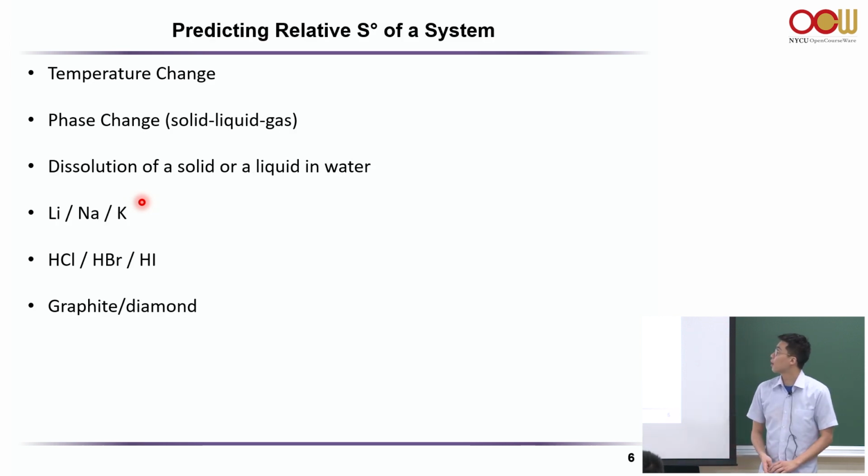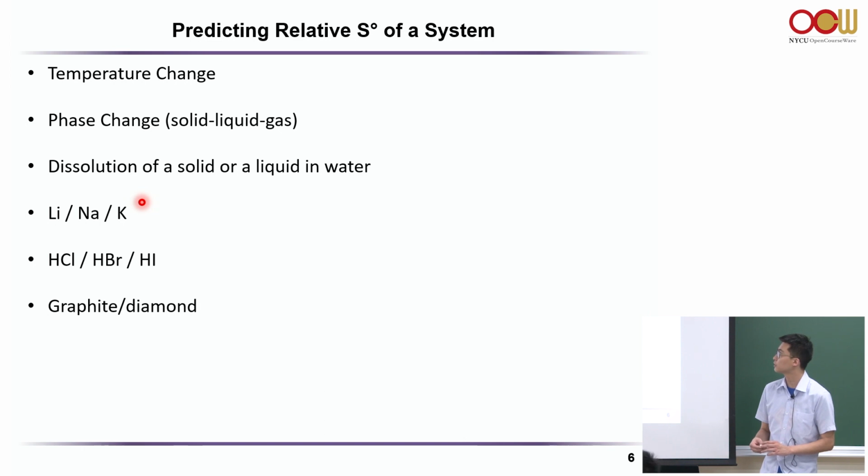Now I want you to get together and discuss the following with your group members to predict the relative S of your system. I sort of already gave you the answer for the first one. The higher the temperature, the faster the gas molecules move.